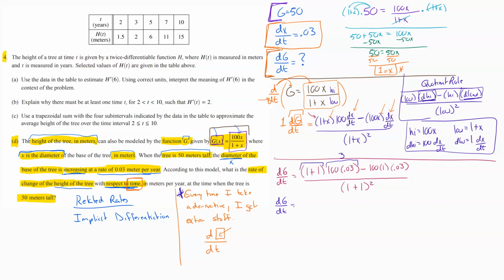So then I take 3 times 2, and that's going to get me 6 on top, minus, and again, here I have 3% of 100, so that's going to be 3. On the bottom, I get 1 plus 1 is 2. 2 squared is 4, so that's going to be 4. And so then I get dg dt: 6 minus 3 is going to get me 3 over 4.